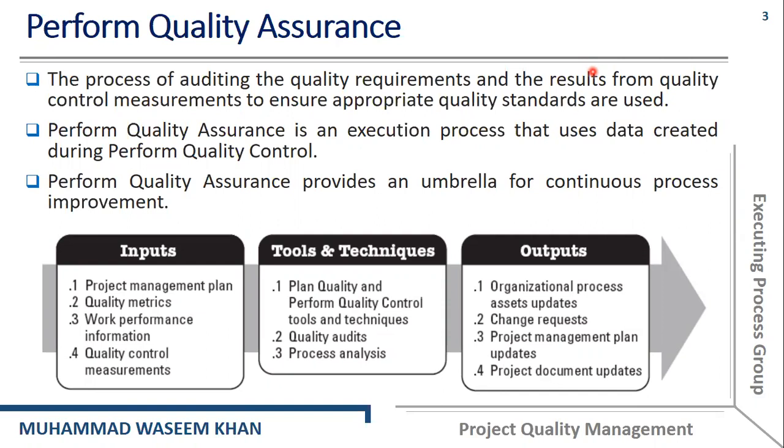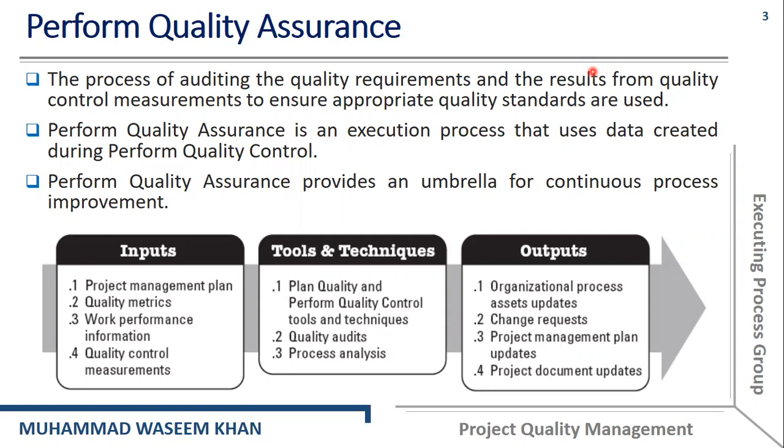Perform quality assurance is an execution process that uses the data that is created during perform quality control. So the data that is created in perform quality control is actually used in order to execute this whole process.